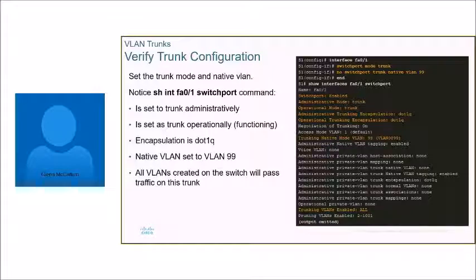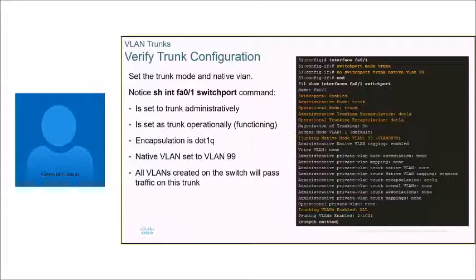It shouldn't have the no in front of it; I think there's an error in the slides. So it's set as a trunk administratively. It's operational. It's using 802.1Q because that's the default. Native VLAN has been set to 99.